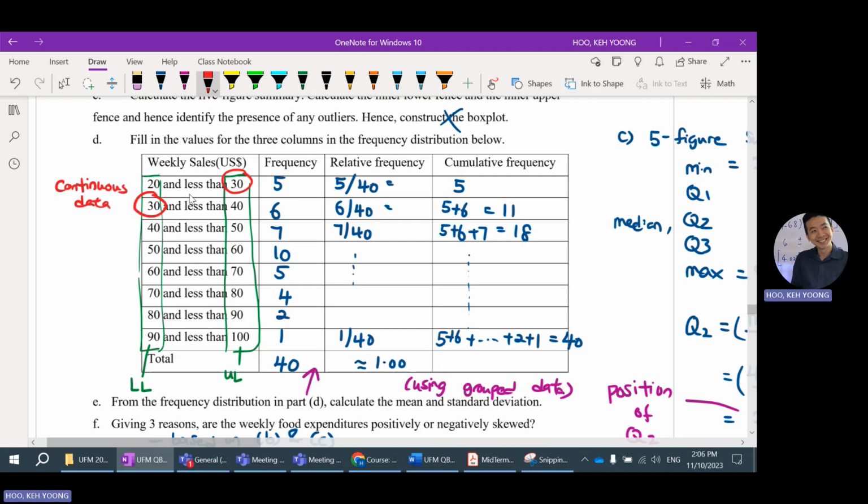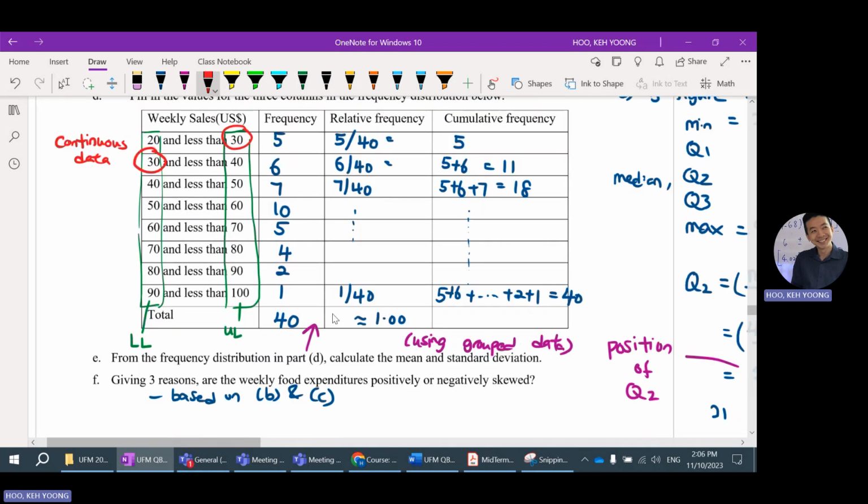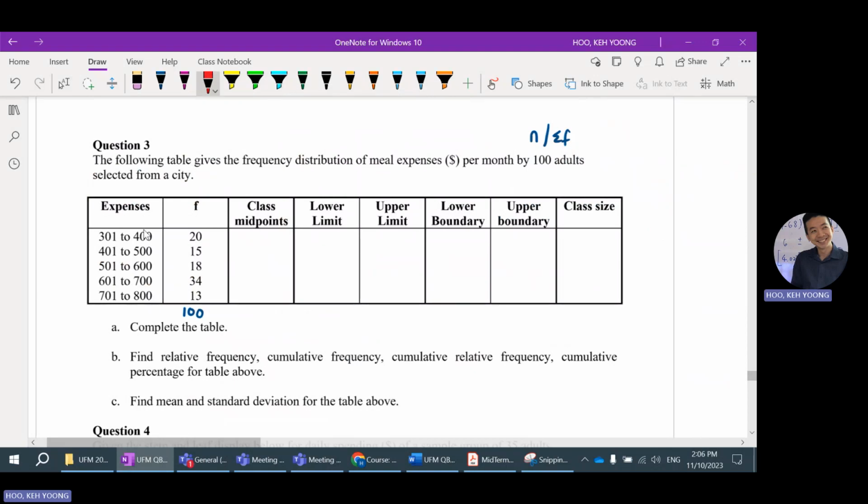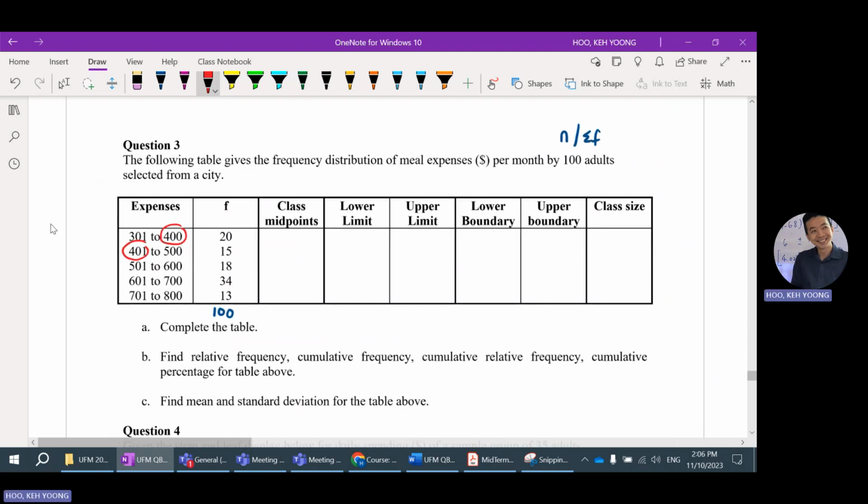If there is a gap, like question 3, where from 400 it jumps to 401, that means this variable is treated as discrete data. Why do we need to know this? Because later when you find your class boundary, there will be a difference between continuous and discrete data.